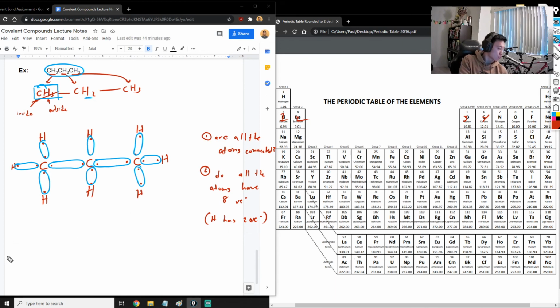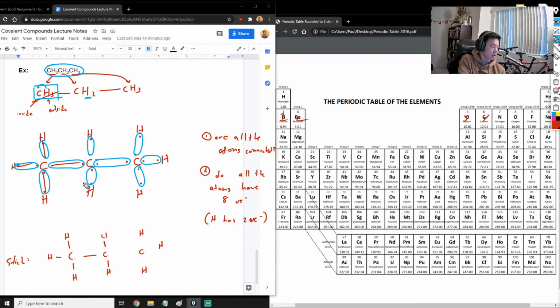So if I wanted to draw the stick structure here, I would just copy down the elements where they are, and then just figure out what kind of bond is between all of them. If you look at the hydrogens here, they have a single bond. So I'm going to draw single bonds, right? This is a line, this is a line, this is a line. Between the first 2 carbons, it's a single bond because only 2 electrons are being shared.